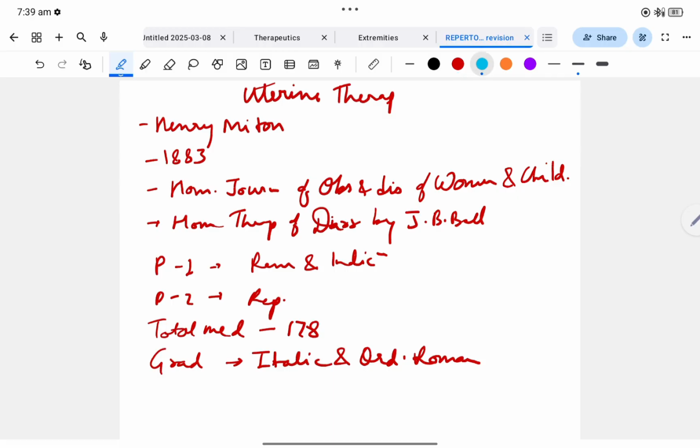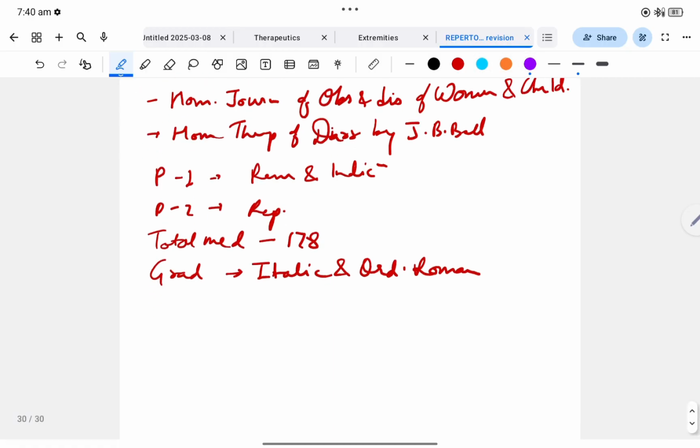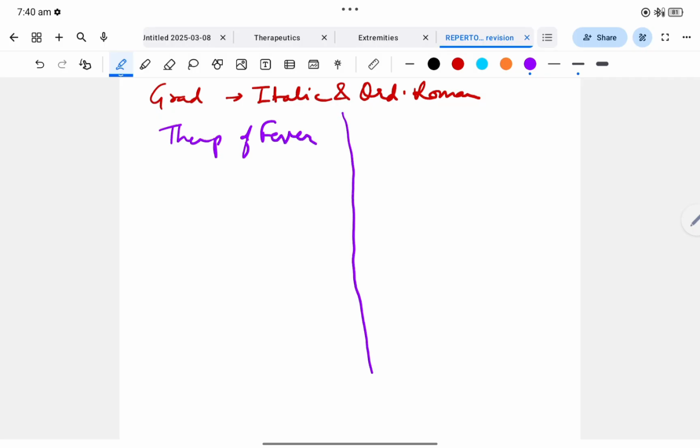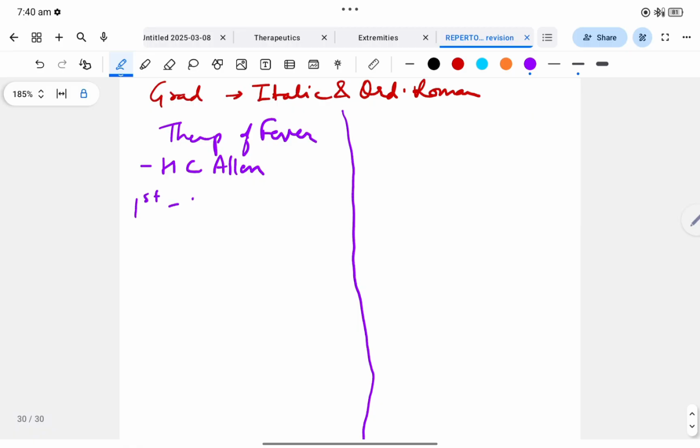Now our next repertory is Therapeutics of Fever. Author is S.C. Allen. It has two editions. First came in the year 1879 and second in the year 1884. Plan and construction has three sections.